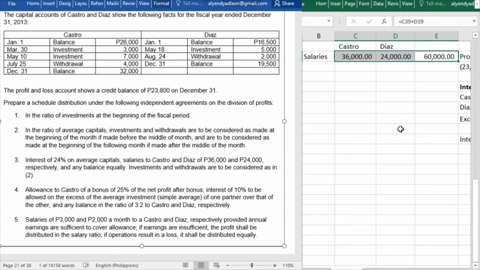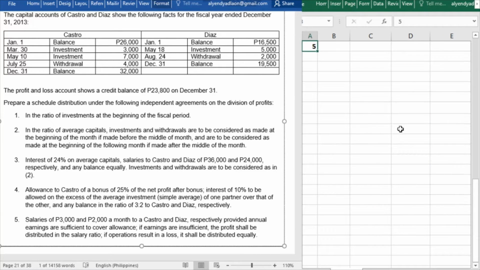And so therefore, for Castro and Diaz, we will have to change our solution. So we have here Castro and then Diaz. Now that is 23,800 multiplied by the ratio of their salaries.